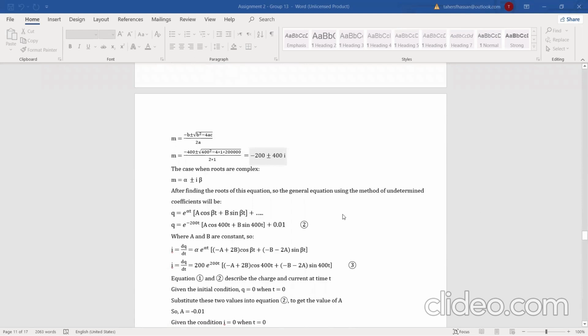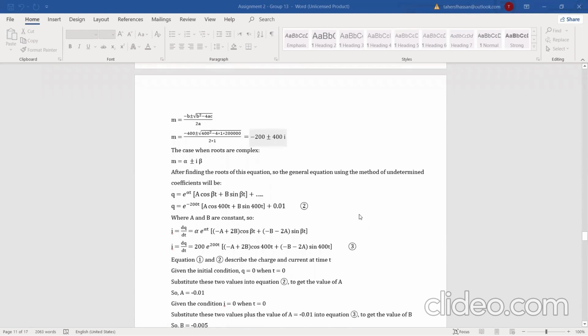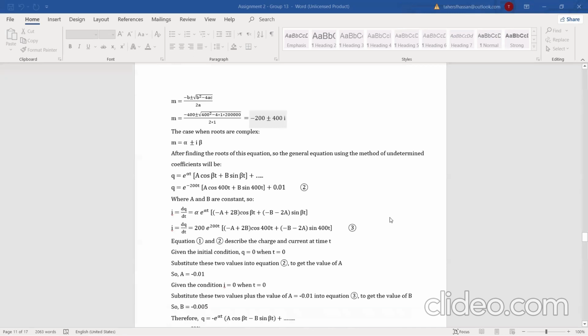After finding the roots, the general equation using the method of undetermined coefficients will be Q equals e to the power negative 200t (A cosine 400t plus B sine 400t) plus 0.01, where A and B are constants.